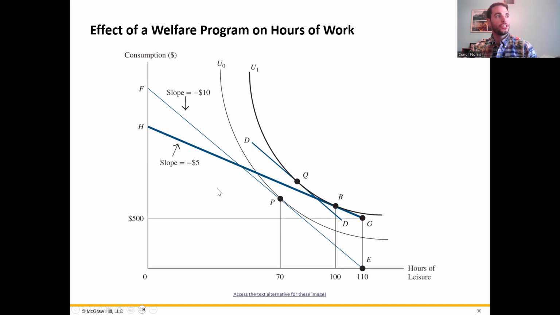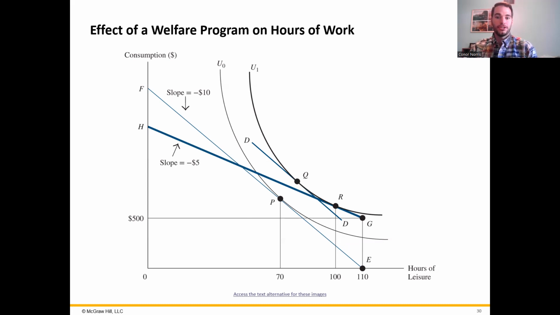This line HG, instead of being $10 like the first budget line, is only $5, because there is still a tax: they're losing 50 cents of every dollar they earn as part of phasing out that welfare grant. So basically they have a tax rate of 50%, and the slope is $5 per hour, only half of the $10 in wages.